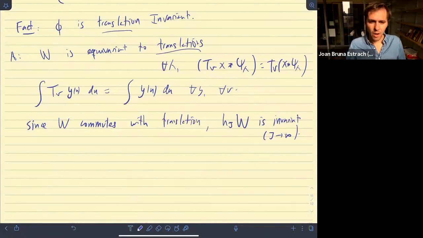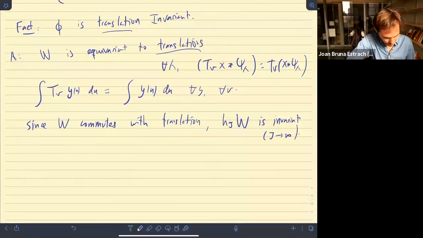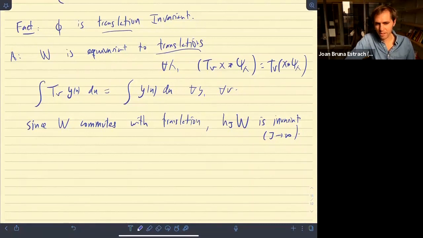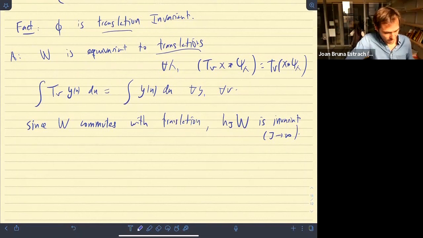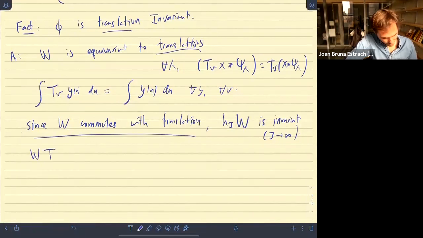But how about near translations? The key property underpinning the scattering representation is that W times T of V of X is equal to V for all X and for all.